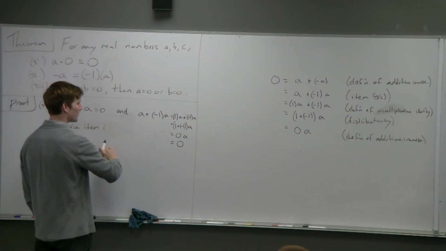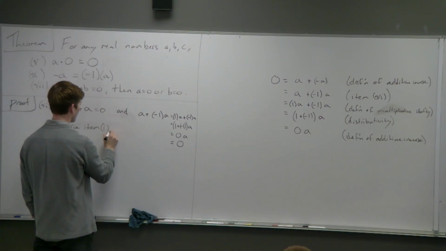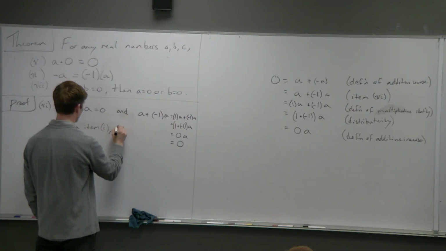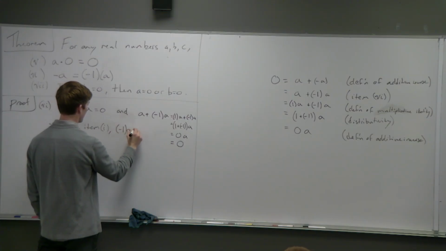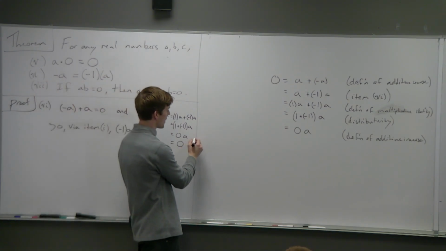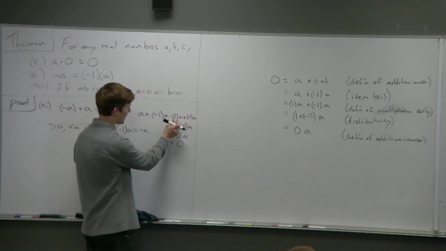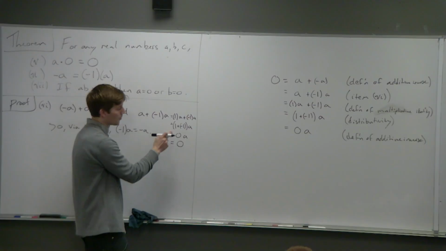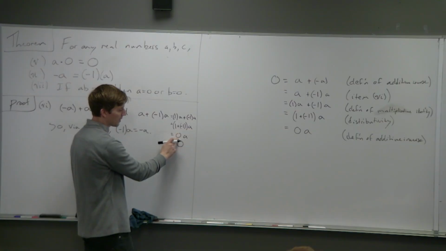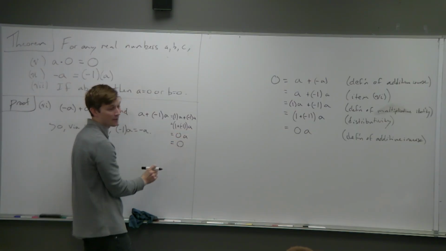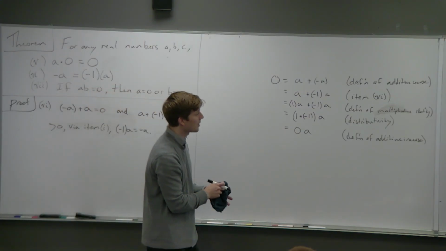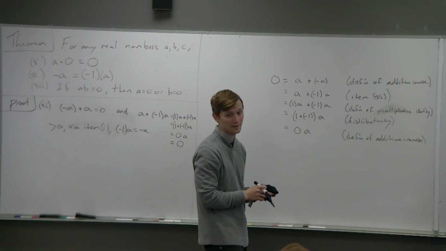Yes, that's item 5 right here. This is just the definition of the multiplicative identity, distributivity, definition of additive inverse, and then item 5 gives you this. Yeah? Okay, so let's see if we can do item 5 without using item 6.